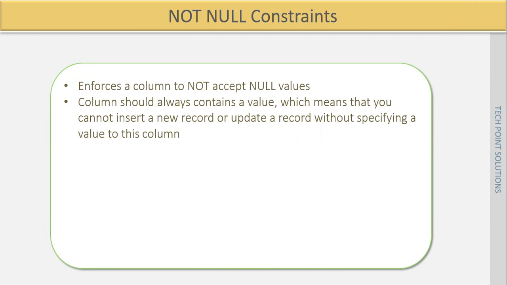Not null constraint enforces a column to not accept null values. So whenever you create a column with a not null constraint, the column does not accept null values. There should always be some value.